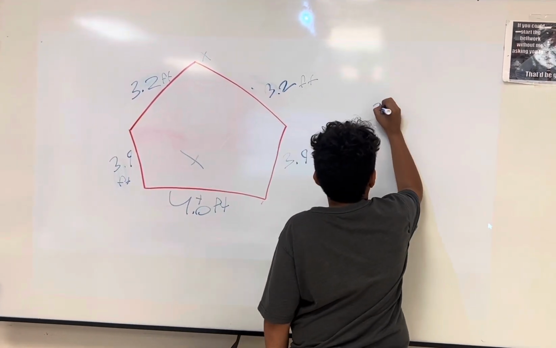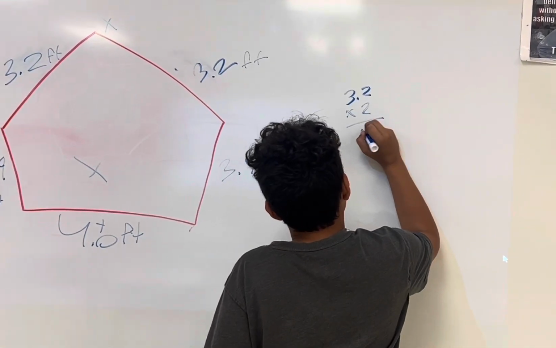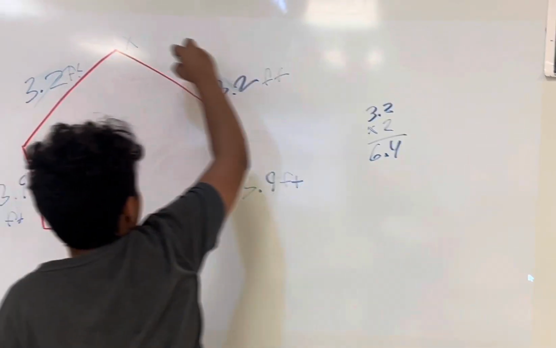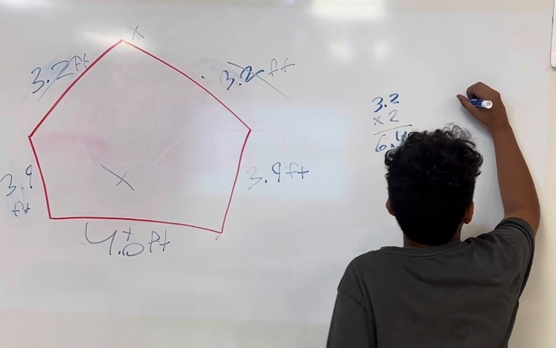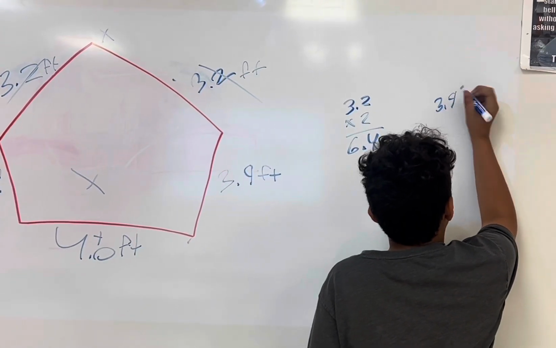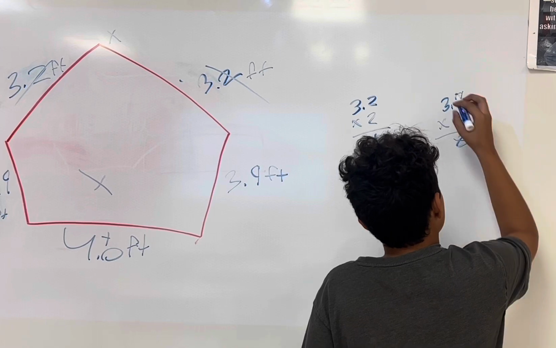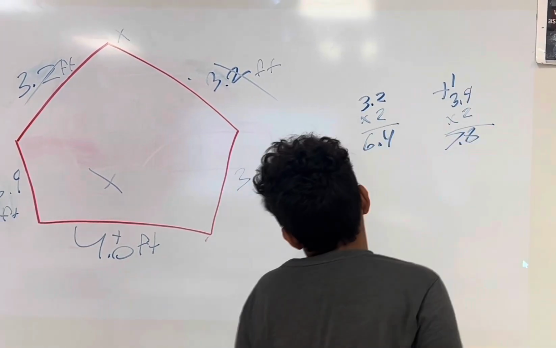So 3.2 times 2, which is 6.4 for those, so I would cross those out. 3.9 times 2 equals 7.8.